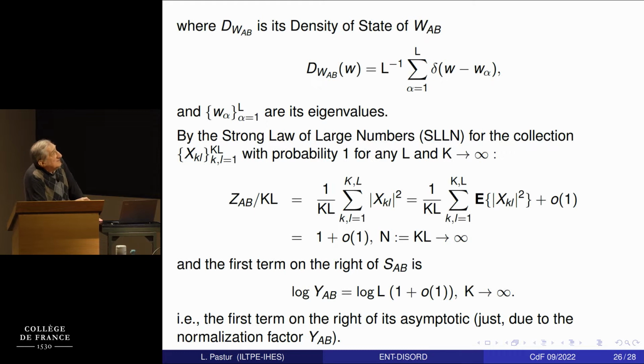So we can write that if K is big, L not necessarily, this sum is equal to the sum of expectation plus something that tends to 0, yes? Well, and then you can write in that form. Because of our normalization, this is 1. So we see that the sum behaves like just K times L.